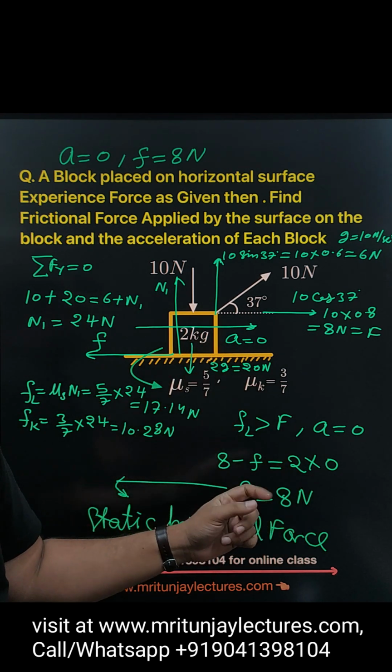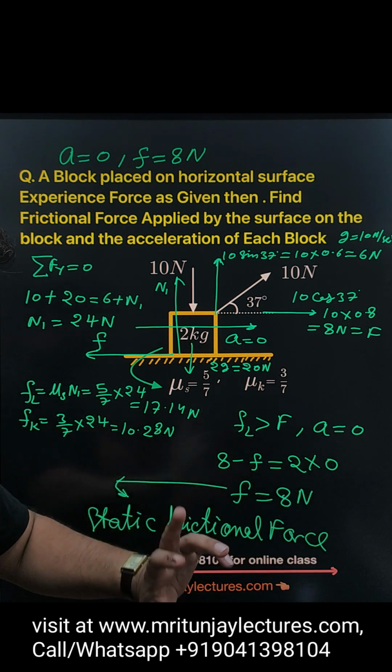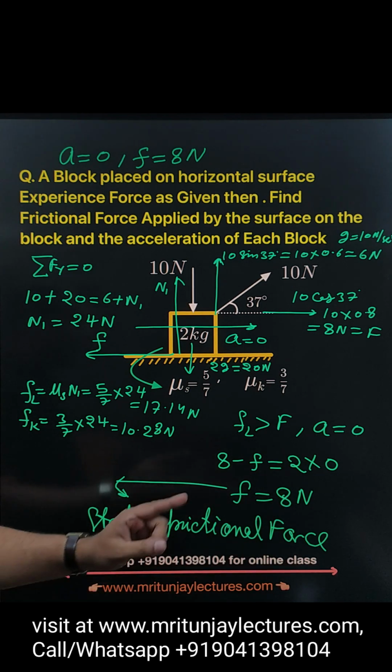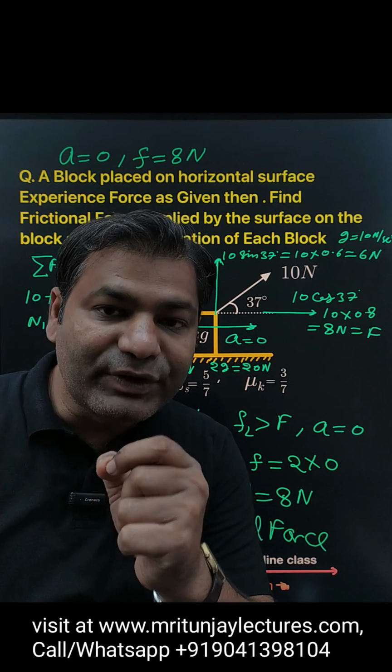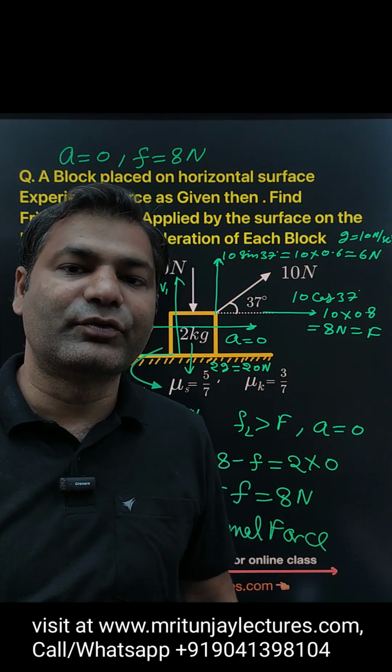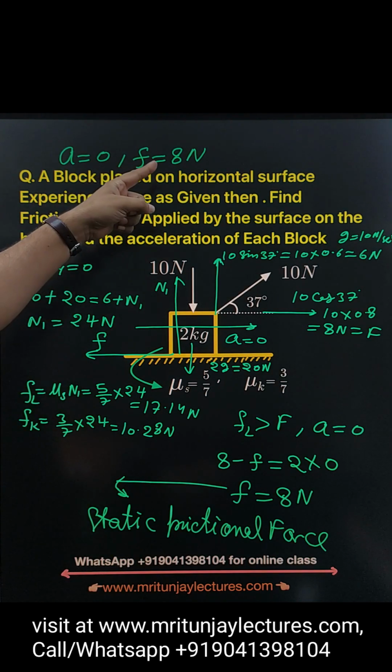Why? Because acceleration is 0, so 2 into 0 according to Newton's second law. So 8 minus f is equal to 0, so f is equal to 8, and that 8 Newton force is called the static frictional force. So f is 8 Newton.